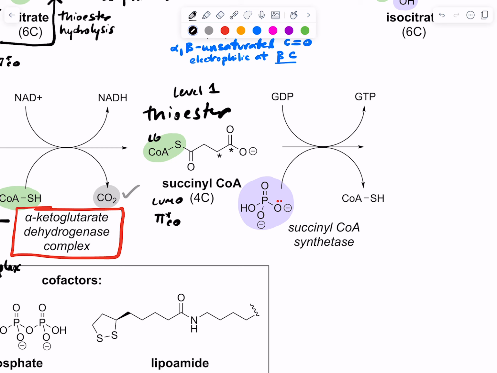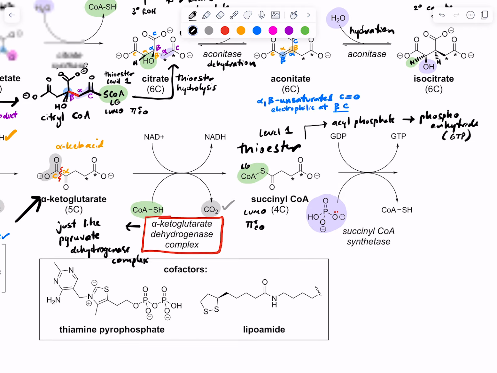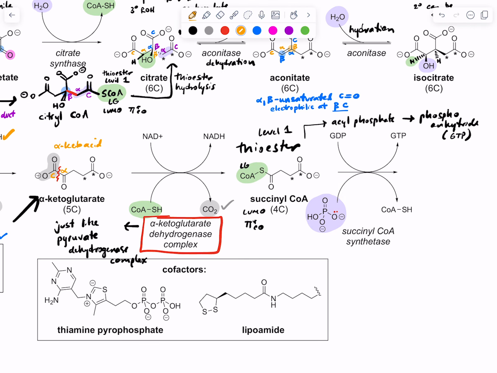So we'll go back and look at the mechanism, but basically you go from thioester to acyl phosphate to phosphoanhydride in GTP. And in some ways it's not so very different from the phosphoglycerate kinase step in glycolysis, where you take 1,3-bisphosphoglycerate and ADP comes in as a nucleophile. Okay, so there we generate a GTP.